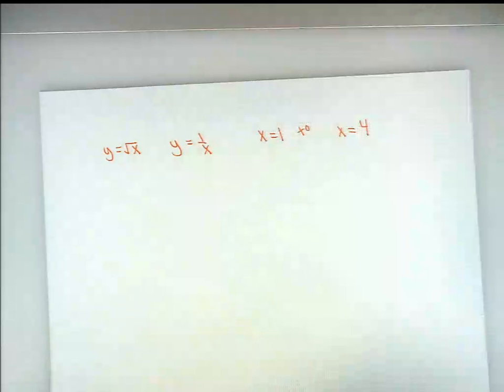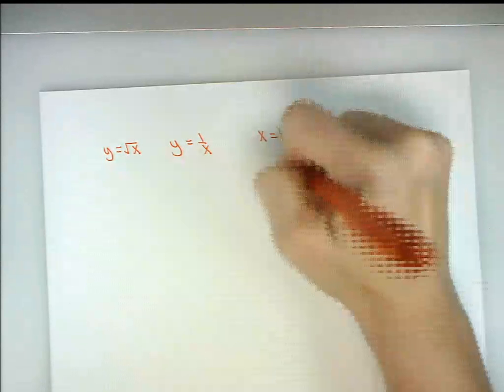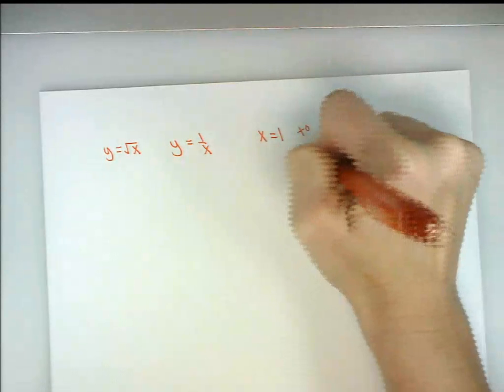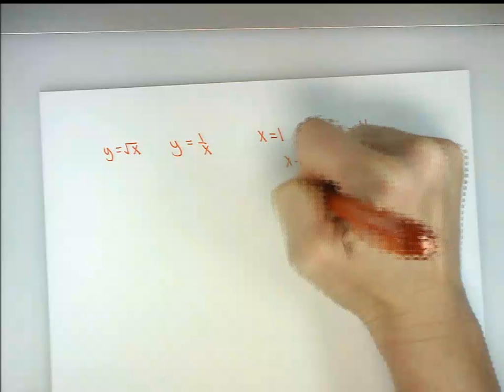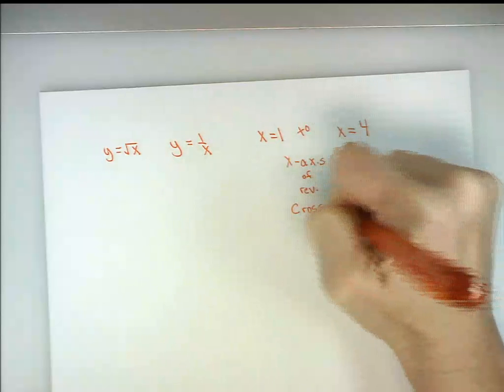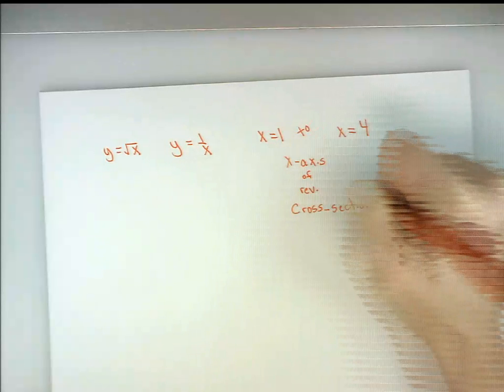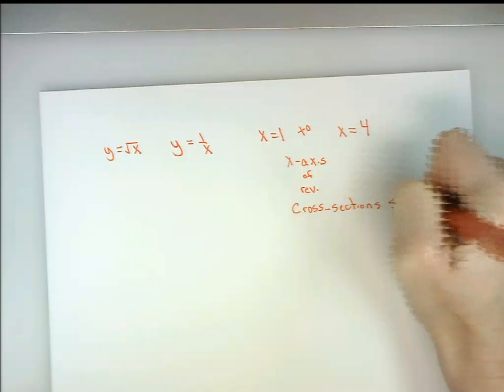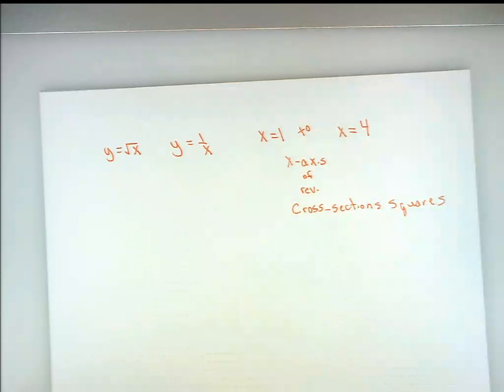And the x-axis is the axis of revolution, and the cross section, so we need a really good graph of what's going on here with this particular problem.